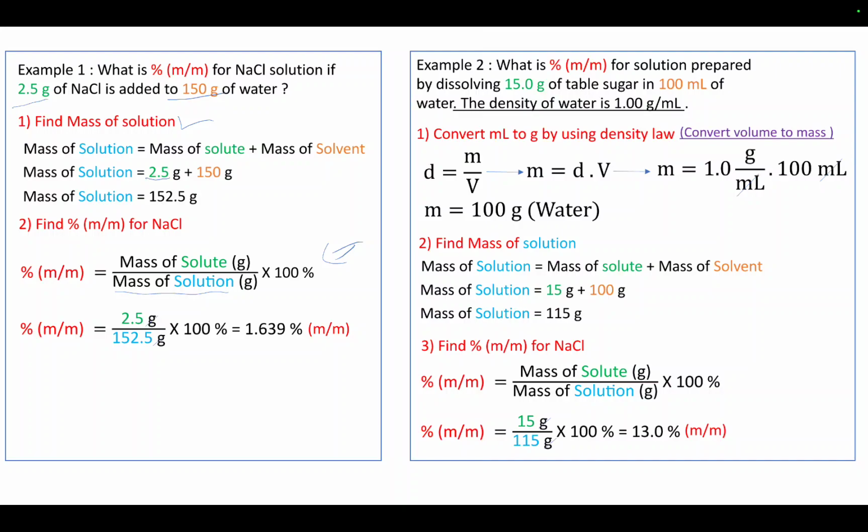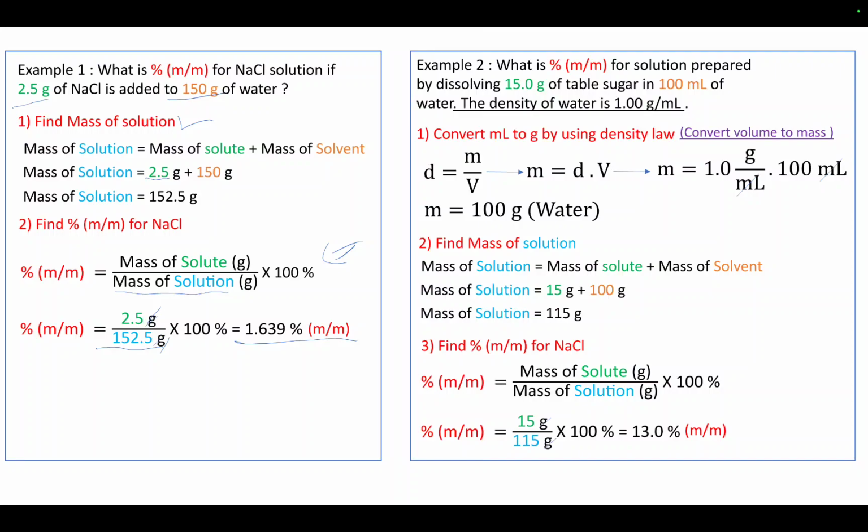Then we can calculate the mass over mass percent. We just substitute 2.5 gram over 152.5 gram, and the answer will be 1.639%.